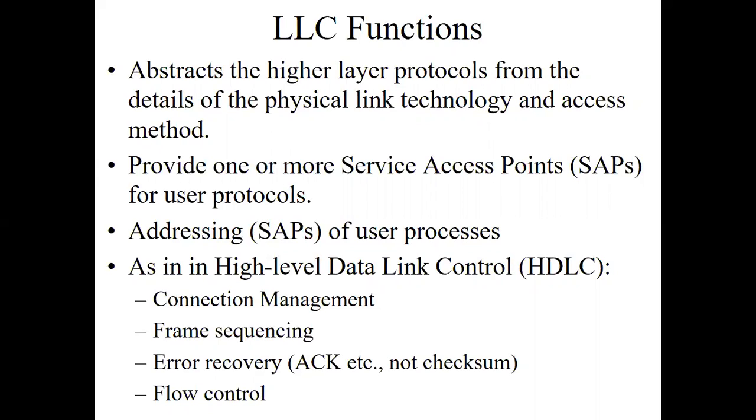Flow control ensures that the frames are controlled during the transmission, to make sure that there will be no congestion. Congestion will render the network useless. The network will be very slow and so on.